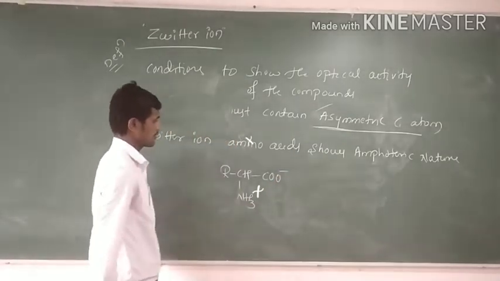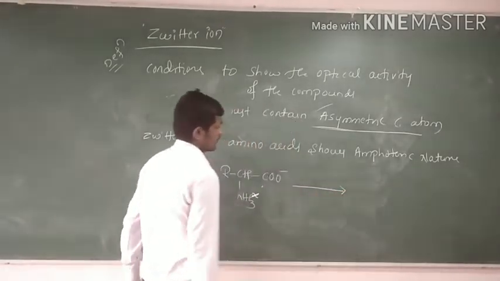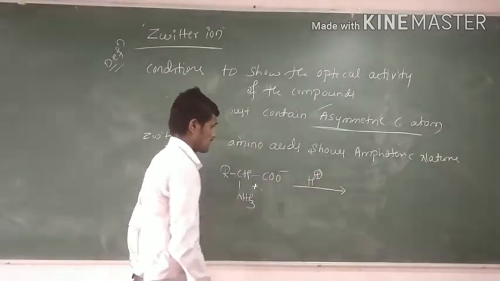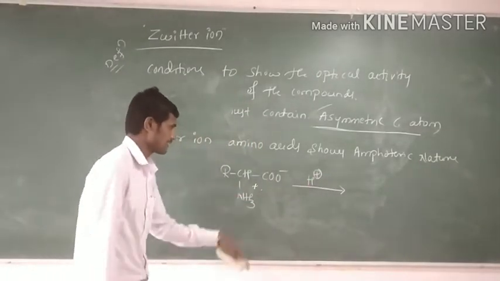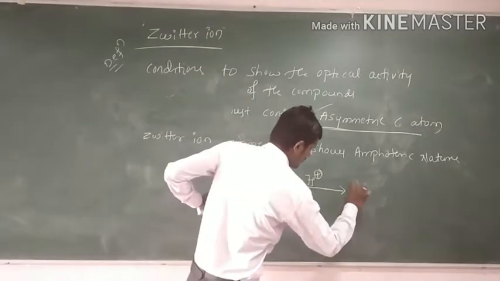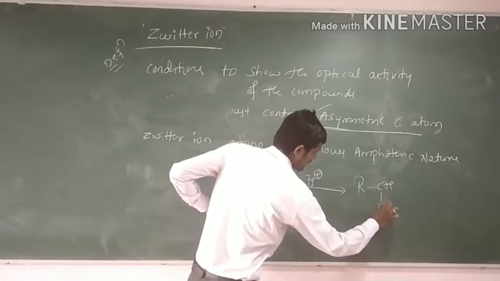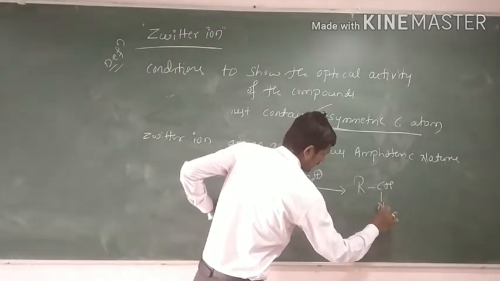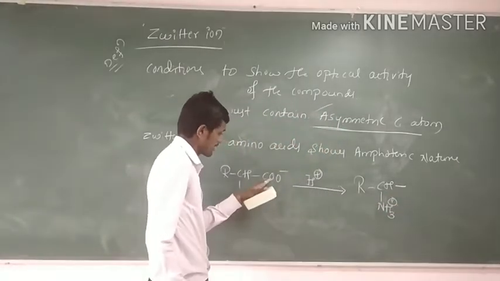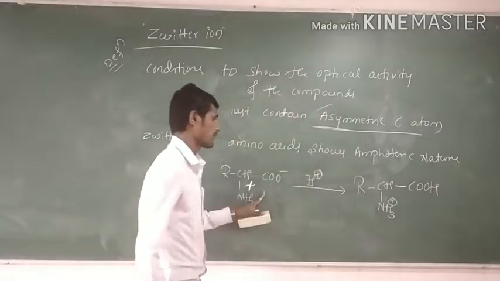Okay, if you increase the acidic concentration, means H plus, at that time it changes to R, CH, here NH3 plus, and instead of COO minus I write COOH.